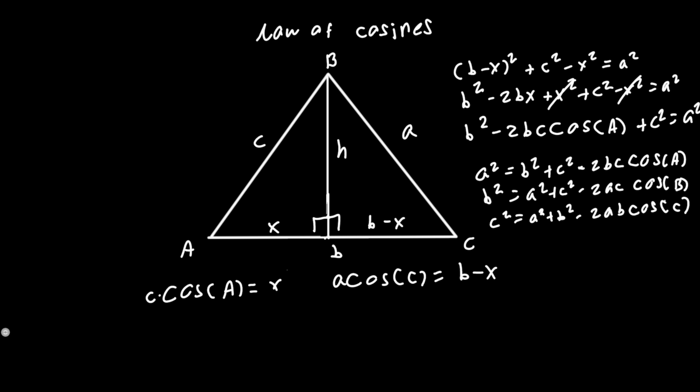So we pretty much proved the law of cosines for the three cases. We just did the lazy part of swapping a, b, c at the very end, but we got all three formulas.